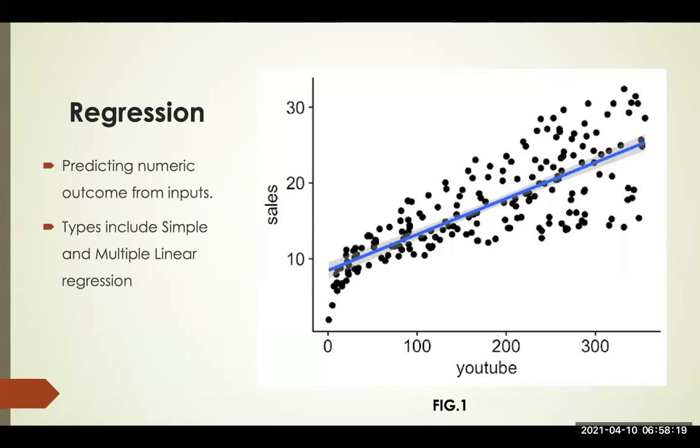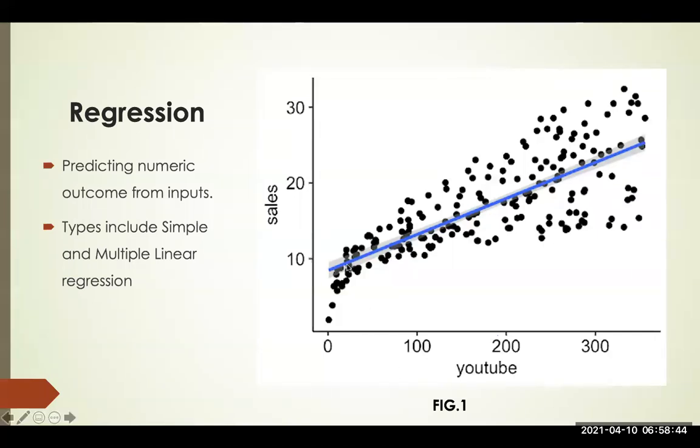Good. All the dots you are seeing here are the numbers of views, the number of people who viewed the YouTube video. Those are the observations in the data. The sales is the line that we are predicting.